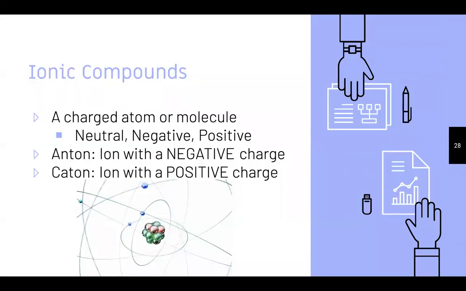So what are ionic compounds? Ionic compounds are a charged molecule or atom. They can either be neutral, negative, or positive. An anion is an ion with a negative charge. A cation is an ion with a positive charge. Down below is the structure of an atom. You've probably seen it here and there before.